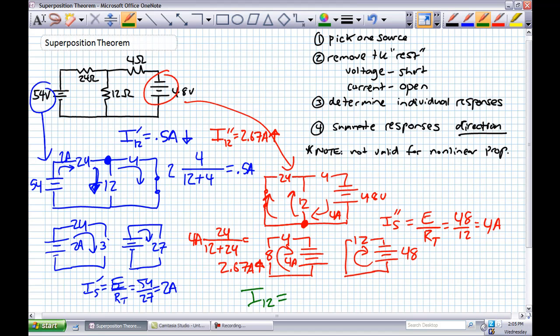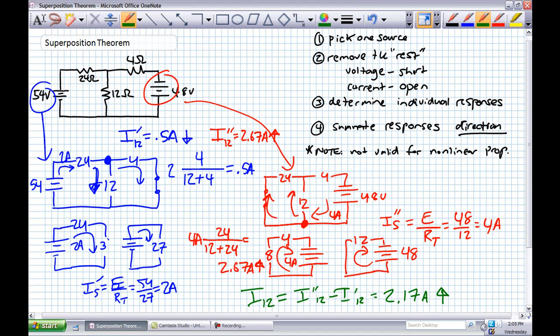Pretty obviously 2.67 up. So what I'm going to do is write this in this direction: double prime 12 minus single prime 12 should give you 2.17 amps. Which direction? Going up.